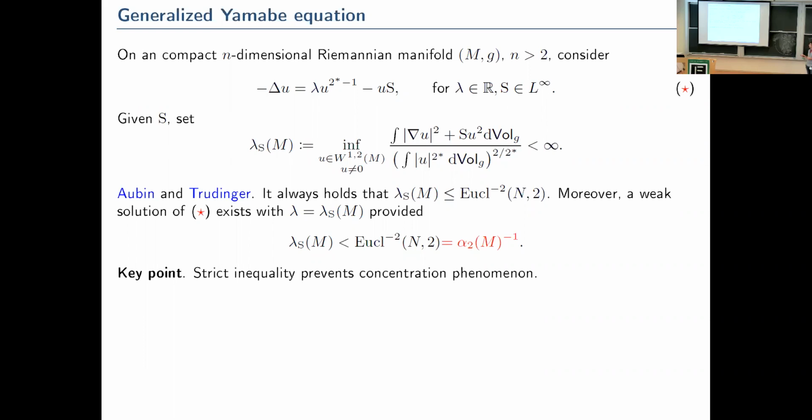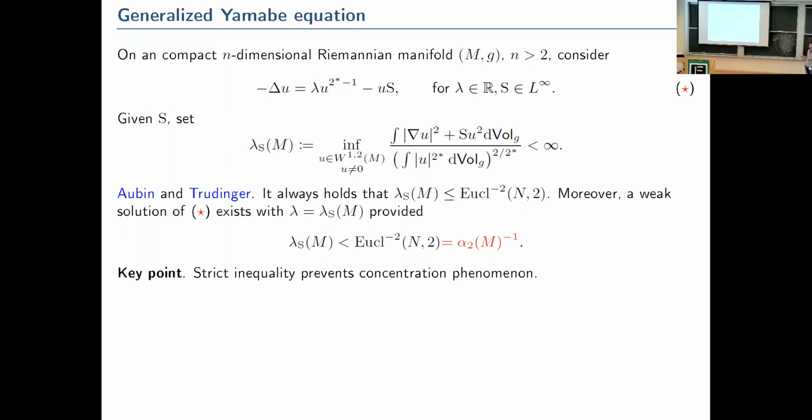Aubin and Trudinger showed that there is a comparison with respect to the Euclidean sharp Sobolev constant to the power -2. Moreover, a solution exists, for instance in a weak sense, provided the strict inequality holds here. Let me recall that this is precisely the constant alpha to the -1.